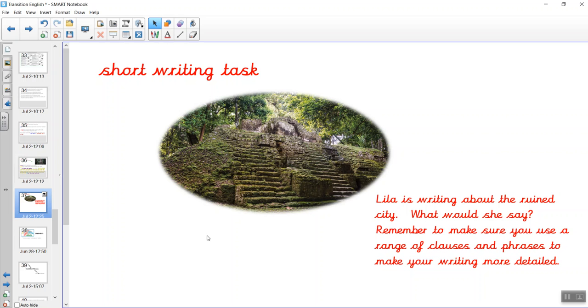So write a short paragraph or two about Lila describing the ruined city. But in your sentences, remember to use a range of clauses and phrases to add more detail. But most importantly, don't forget your capital letters and your full stops.